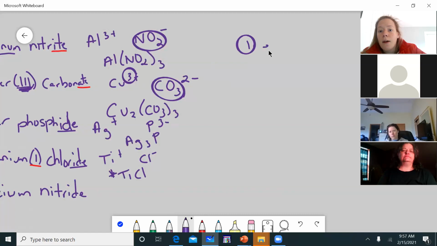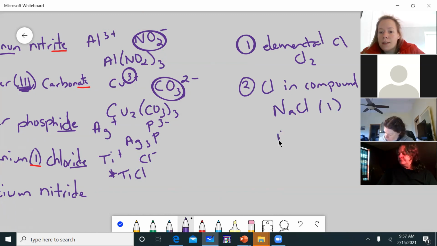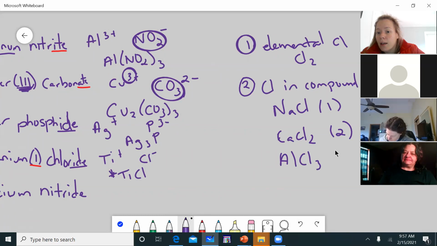So are we talking about elemental chlorine, or chlorine in a compound? If it's elemental chlorine, it's always going to be Cl2. If it's chlorine in a compound, it can have a variety of things. NaCl. How many chlorines are in there? Just 1. CaCl2. How many chlorines? 2. Aluminum chloride, AlCl3. 3.